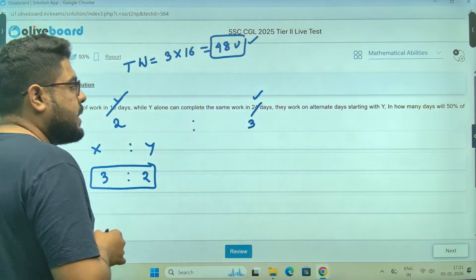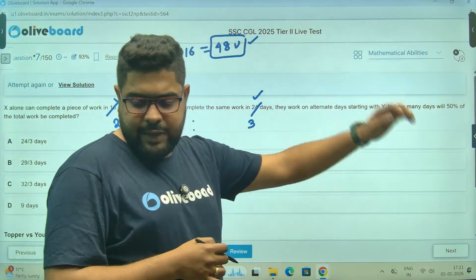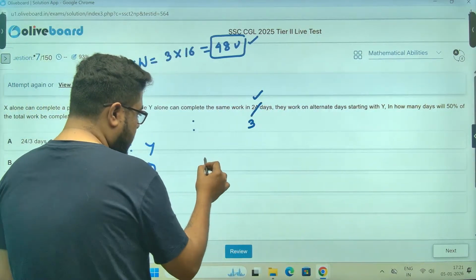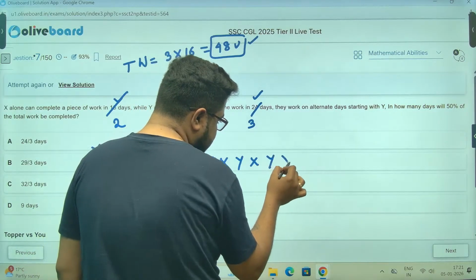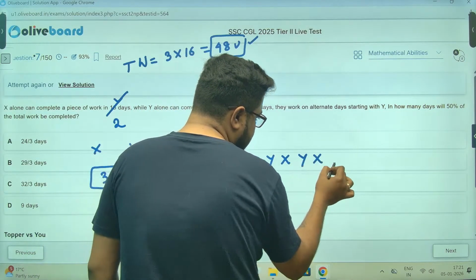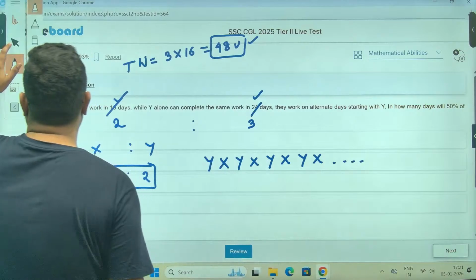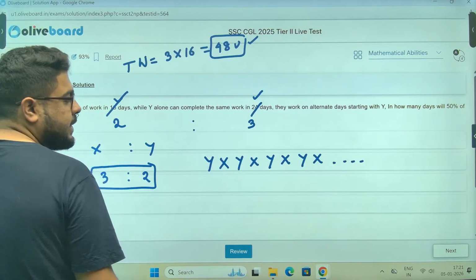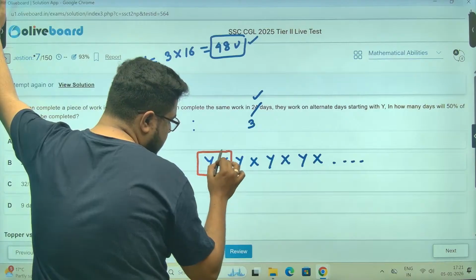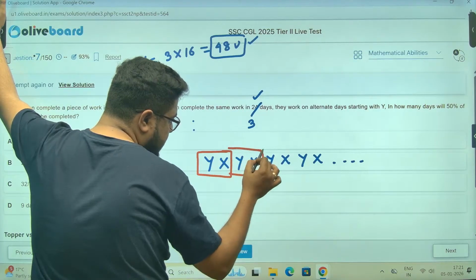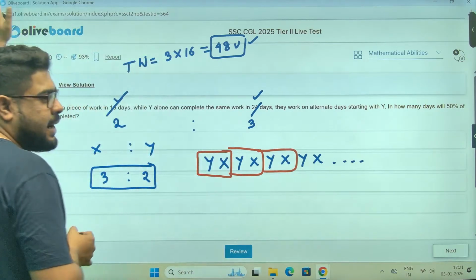They work on alternate days starting with Y. So the order of work is Y, then X, then Y, then X, and so on. Now, I need to take packets, as I told you multiple times. Every packet should be identical.